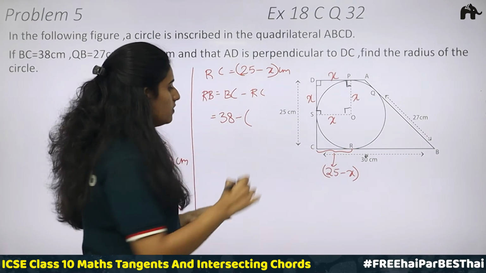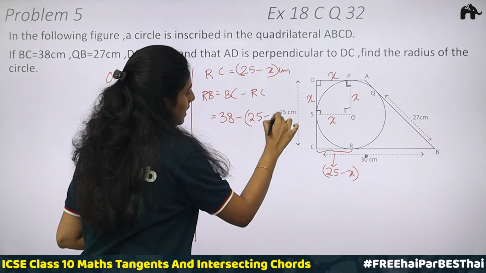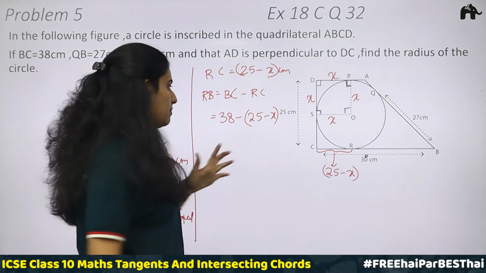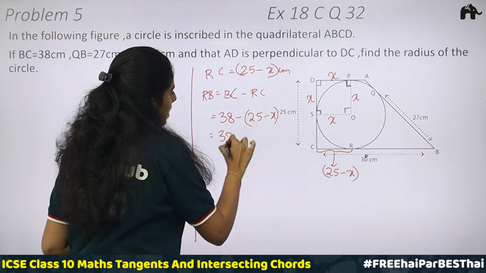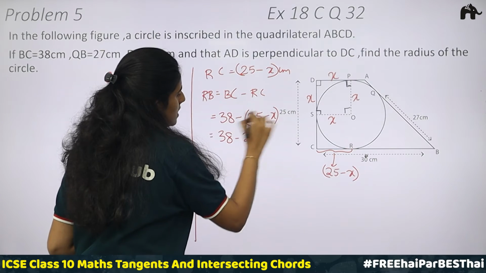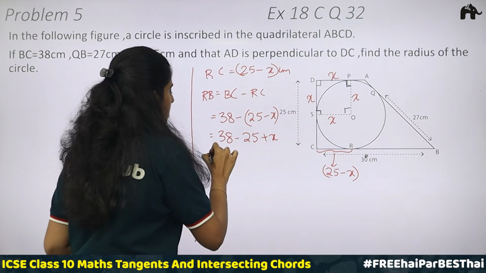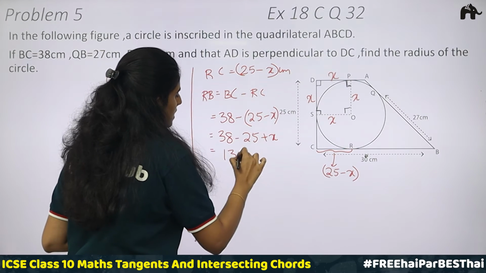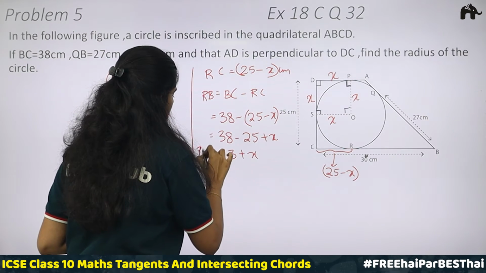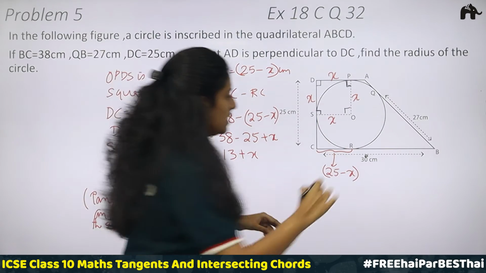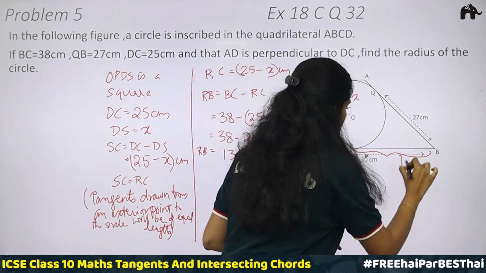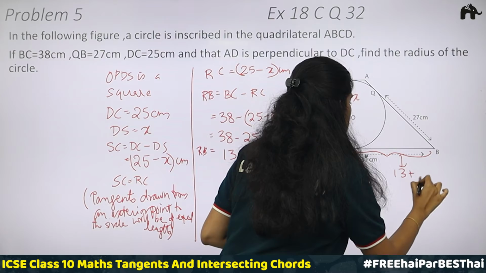RC is the small portion, which is 25 minus x. That is 38 minus 25 plus x. 38 minus 25 will be 13, plus x. 13 plus x is RB. This portion RB is 13 plus x.